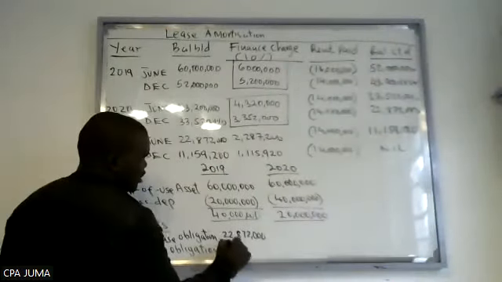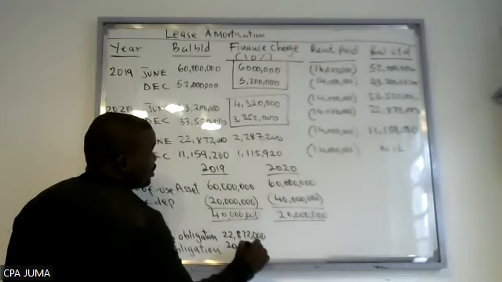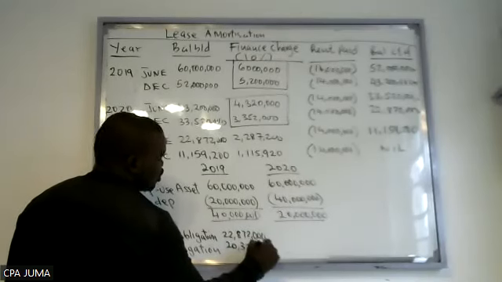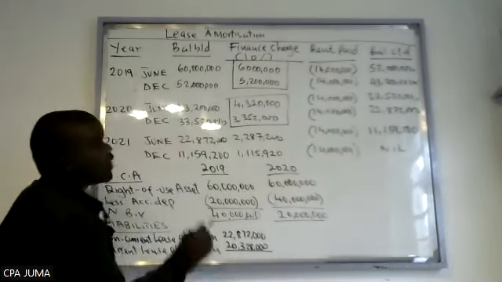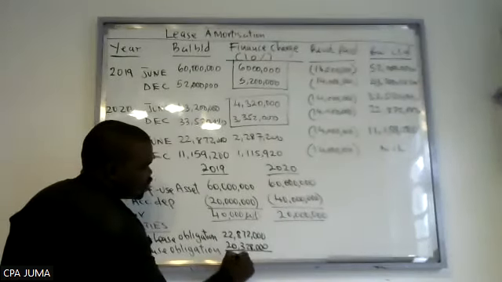So this is $20,328. Total, that's how you're getting the total of 43,200.